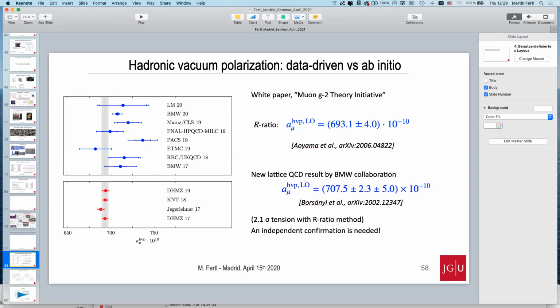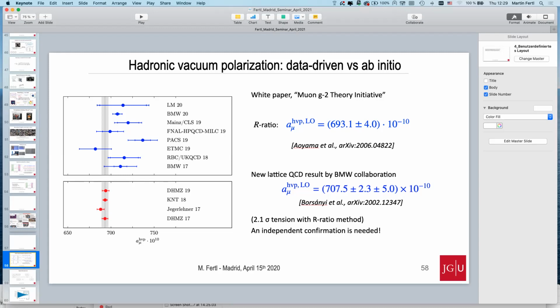The complementary approach is the lattice. If you do a lattice QCD calculation, but these just start to mature. I mean, this is a very new result that was put on the archive last year and was then published basically the next day, I think, from our result. And you can see this on the left-hand side here.